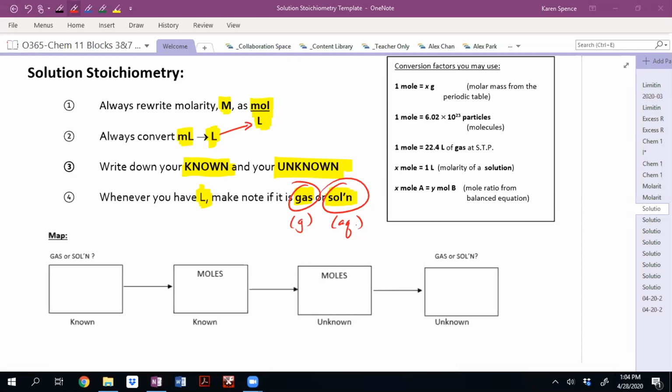So I think probably the best way to go about doing this is just to start with a couple of examples. If you have just joined us, we are taking a look at solution stoichiometry. Have I shared my screen with you? I always need to check, because sometimes I forget.